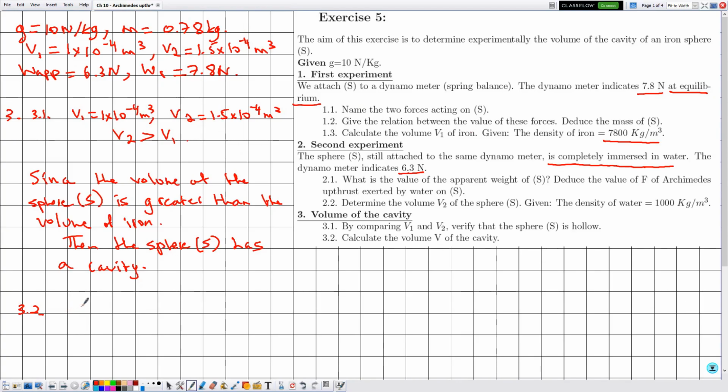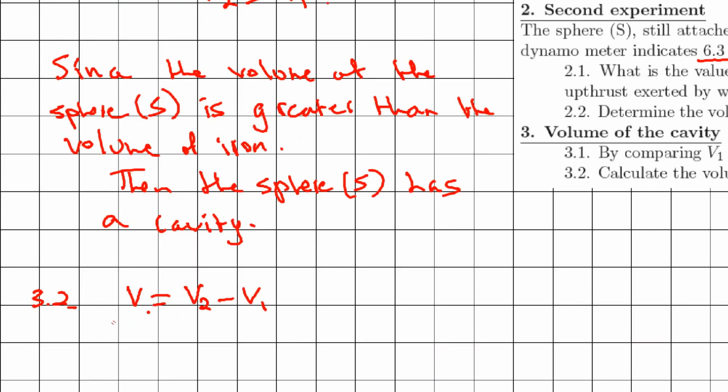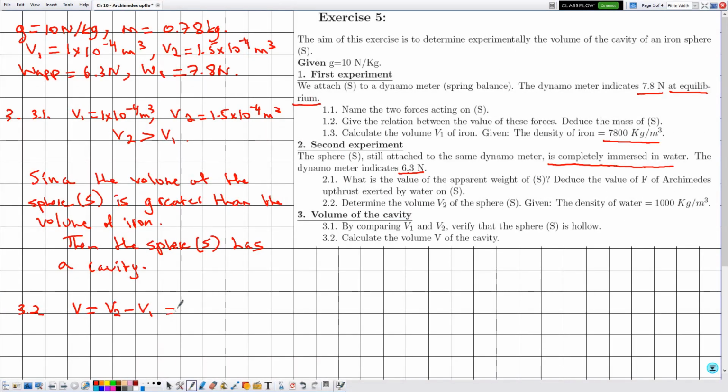So by definition, the volume of the cavity is given by the volume V2 of the sphere minus V1. So this is the difference, which is the cavity. Then 1.5 times 10 to the power minus 4 minus 1 times 10 to the power minus 4 is given by 0.5 times 10 to the power minus 4 meter cube. Then the volume of the cavity is given by 0.5 times 10 to the power minus 4 meter cube.